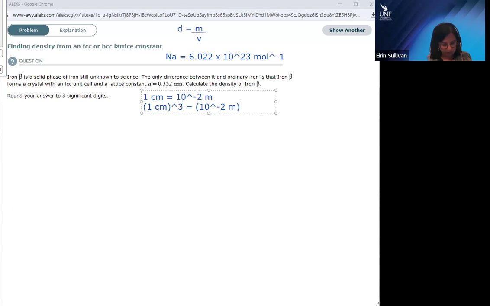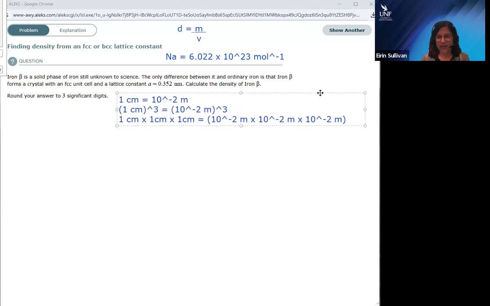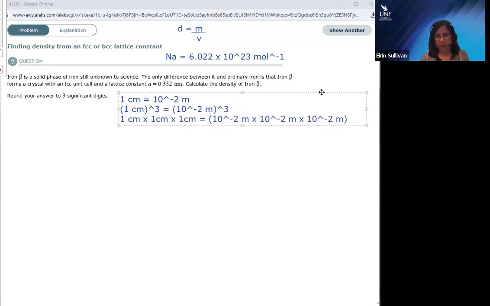What that means is 1 centimeter times 1 centimeter times 1 centimeter, which is just 1 centimeter cubed, but then you've got 10 to the -2 meters times 10 to the -2 meters times 10 to the -2 meters. This is where you have to be super careful, because 1 centimeter cubed is not 10 to the -2 meters cubed. It's 10 to the -2 times 10 to the -2 times 10 to the -2 meters cubed.